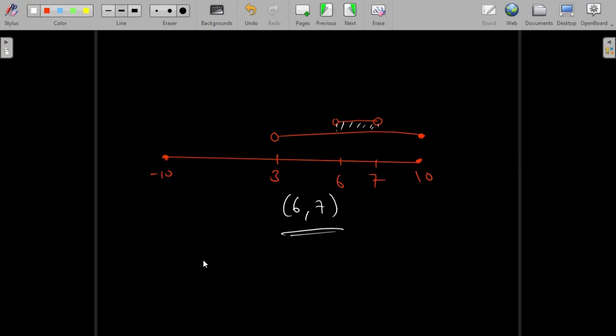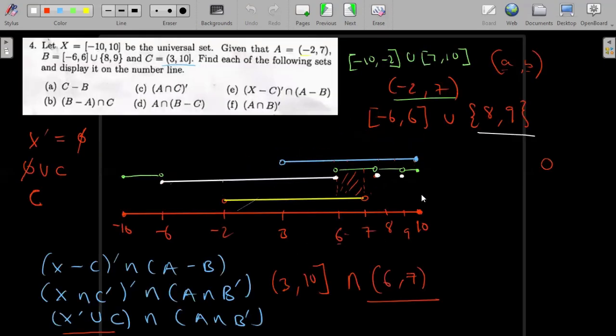And this here is the answer for part E. In short, our answer will just be (6, 7) like that. And this, of course, is easy to plot alone. All right, so we've answered question E.